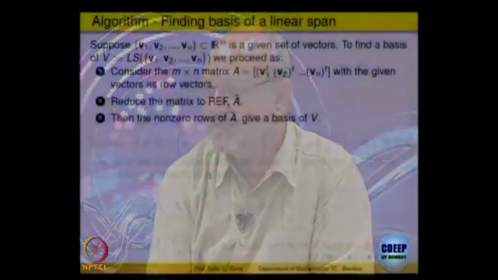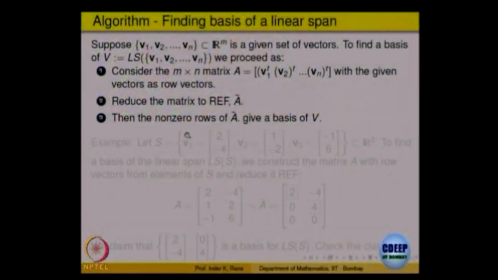That algorithm is: you are given vectors v1, v2, ..., vn. You look at the linear span, and you want to find some basis of it. So what I do is write the matrix A. Now instead of writing these as column vectors, write them as row vectors. Why is this a transpose?